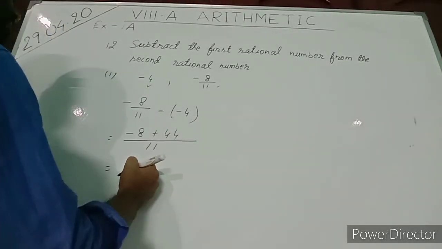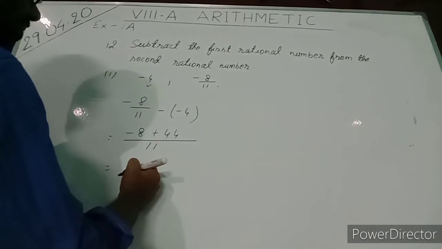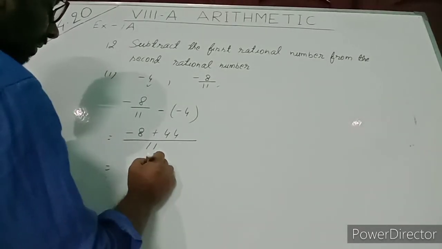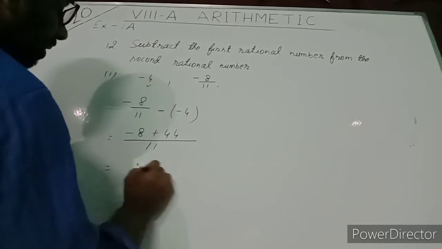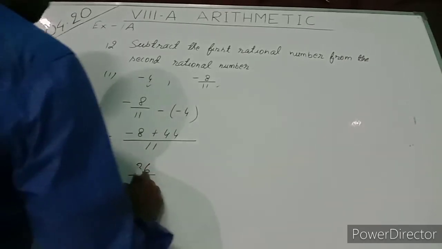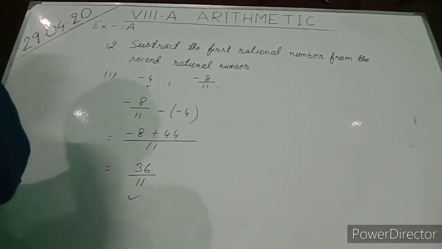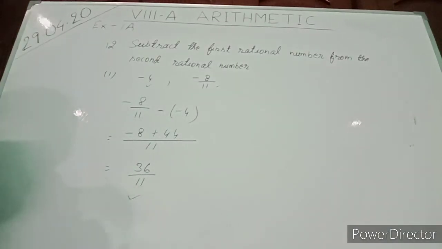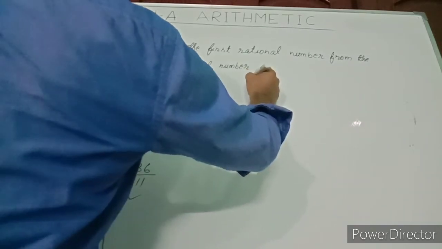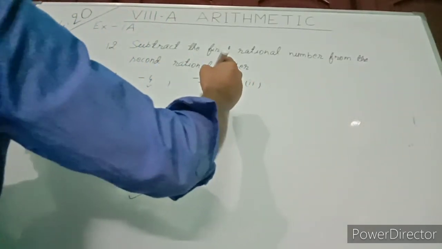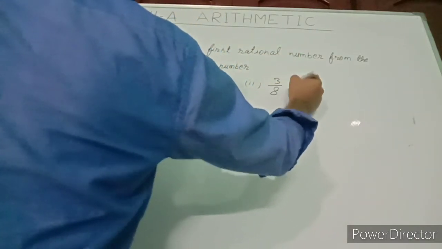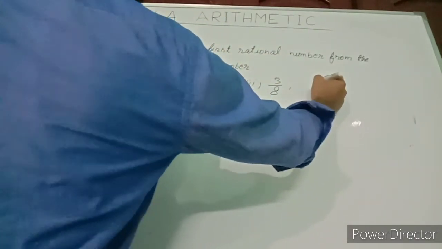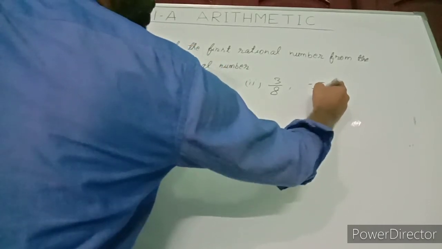So 44 minus 11 is equal to 36 by 11. This became the subtraction of these two rational numbers. Question number 12, Roman number 1 done. Now Roman number 2. In Roman number 2, these two rational numbers are 3 by 8 comma minus 5 by 18.